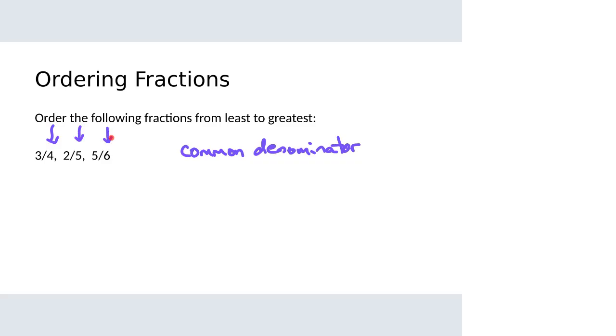Something that all 3 of those will go into. Does anybody have a number that all 3 of those will go into? And if you have one, that's great. If you don't, I have a technique you can use.